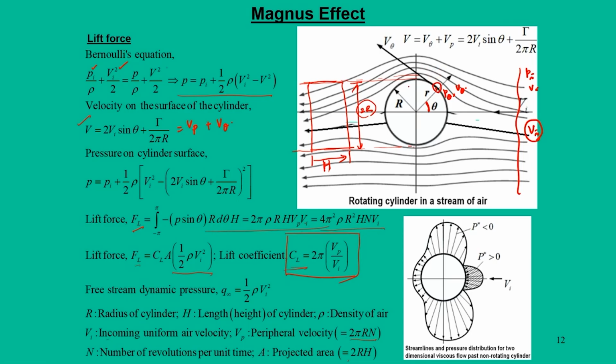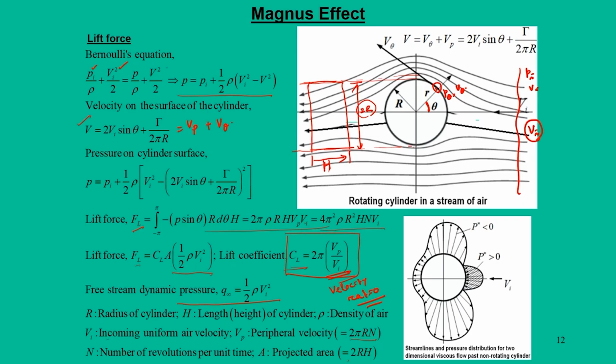So this is the circumferential velocity on this surface, and CL is basically a function of Vp by Vi, and this Vp by Vi is known as the velocity ratio.